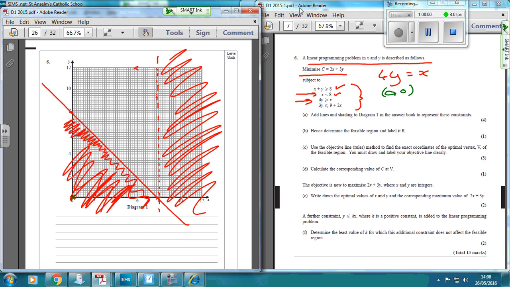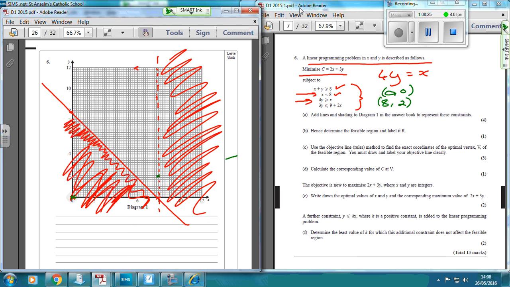And if y equals 2, then 4 lots of 2 is 8, so x would equal 8. So 8, 2. Let's draw that in. So I've got 8, 2 and 0, 0, and then we join those up.